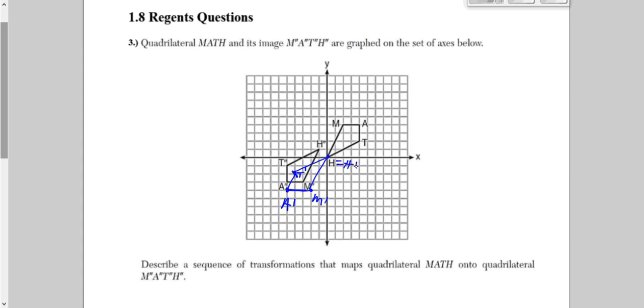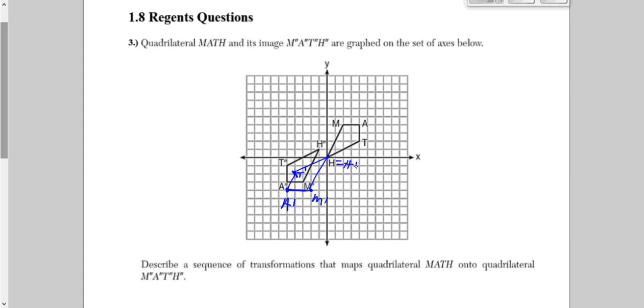So rotation 180 about the origin, then how do we get to its final resting place? Translation, what? 2 left, 1 up. I might have gotten something off there. I think I got something off there. No. I did. Something's not right.